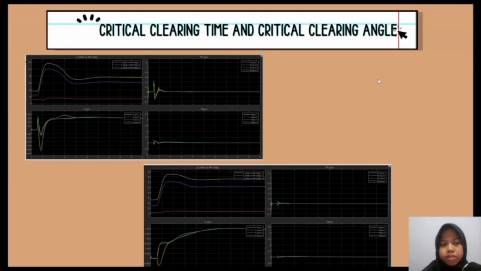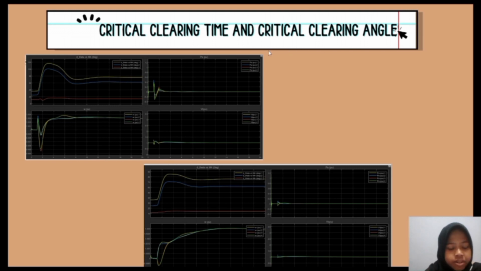Lastly, I will explain about critical clearing time (CCT) and critical clearing angle (CCA). For this part, we use the data and the results for both temporary and permanent three-phase faults at bus 8.